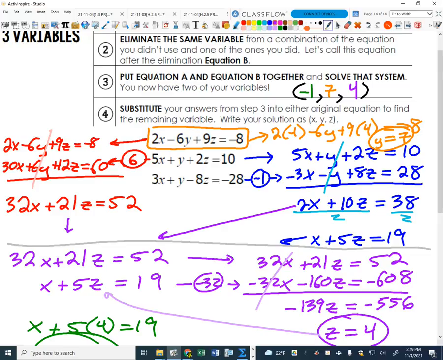Make sense? So again, what's the strategy? You're going to target a variable that you can eliminate from 2 different pairs of equations. And then by eliminating that variable, you're going to get 2 equations with only 2 variables that you can combine into a small, simple system.